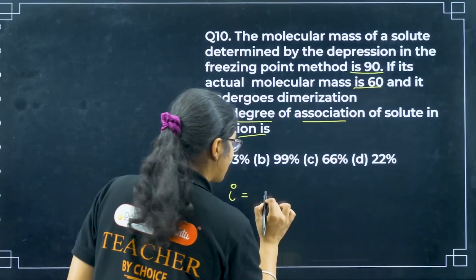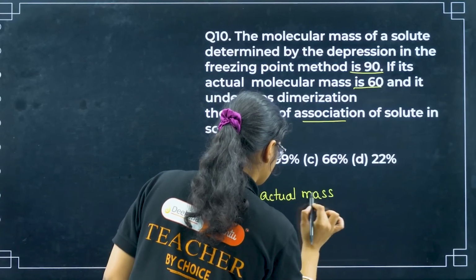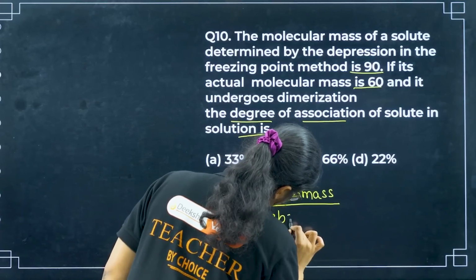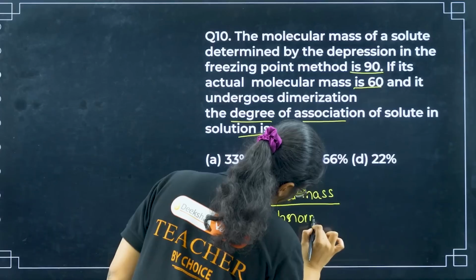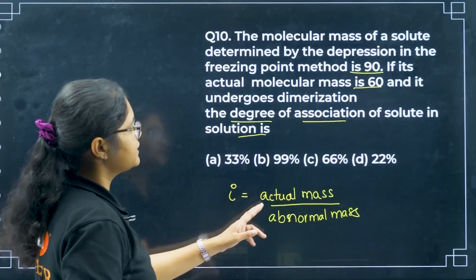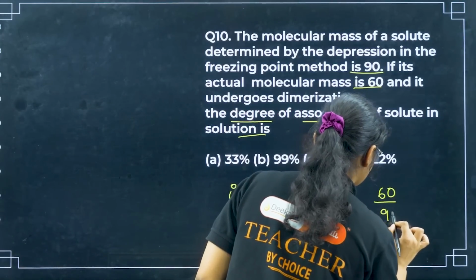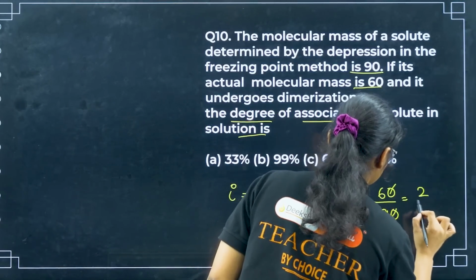So I value is the actual mass divided by the abnormal mass. The actual mass was 60 and the molar mass calculated was 90. So it is 2 by 3.